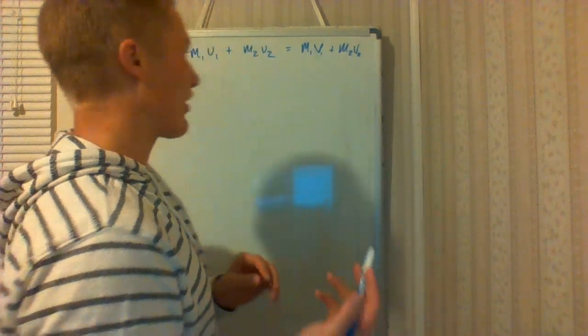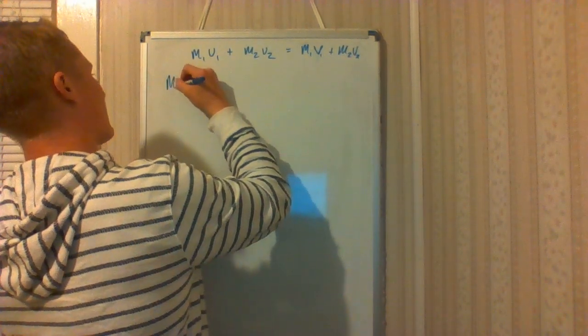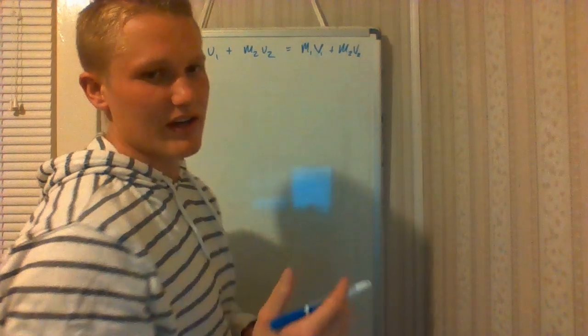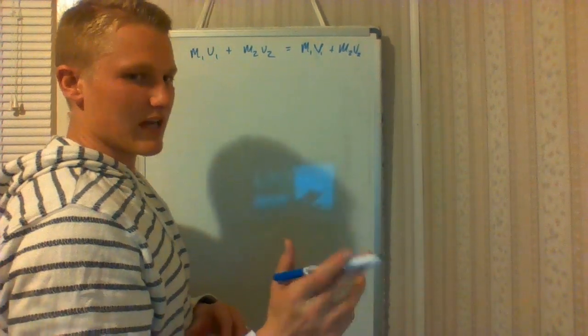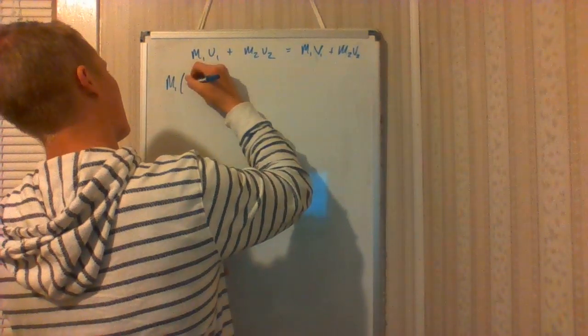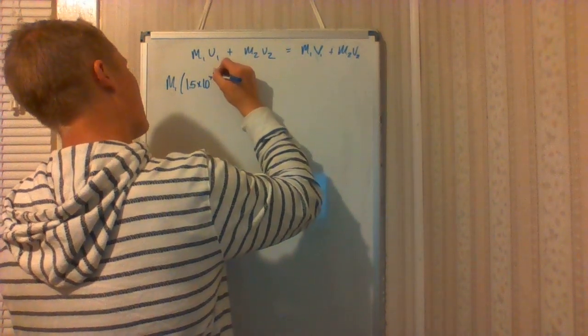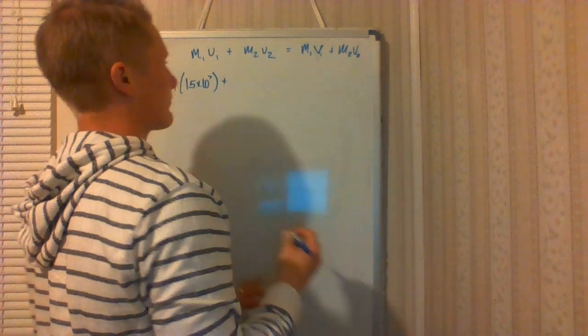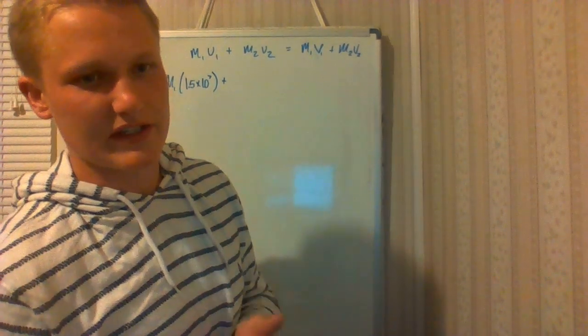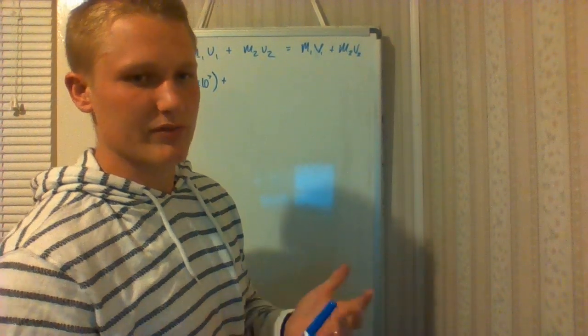So for m1, we just have m1, and then our initial velocity is the 1.5 times 10 to the 7th. And then the initial velocity for the second term is 0, so the whole term just goes to 0.